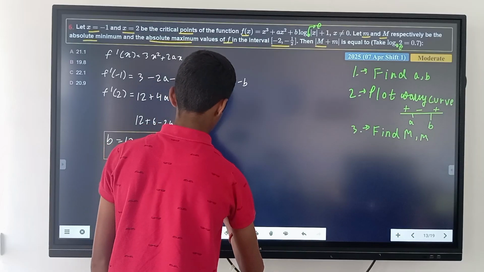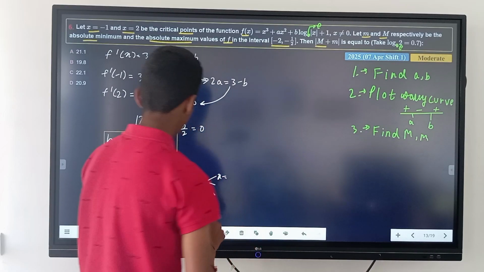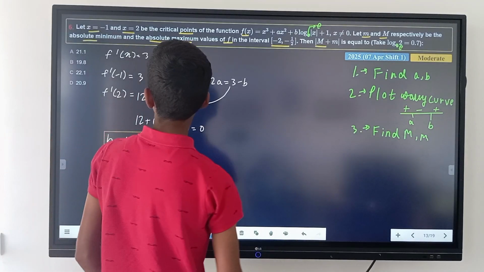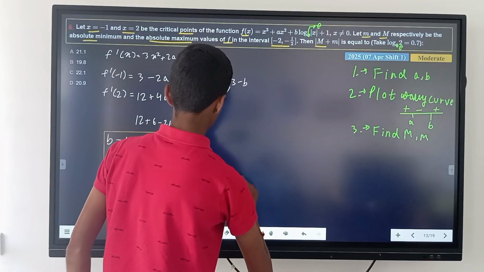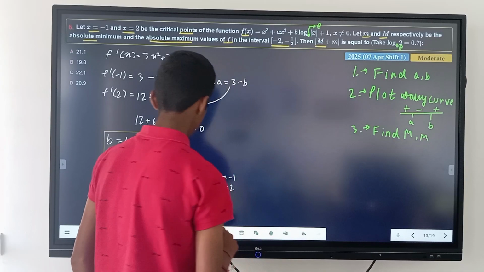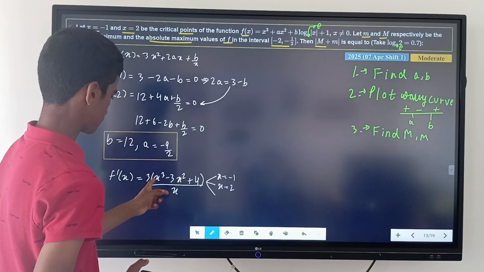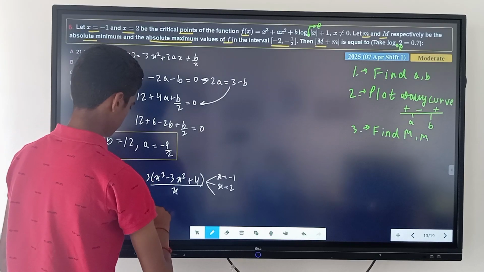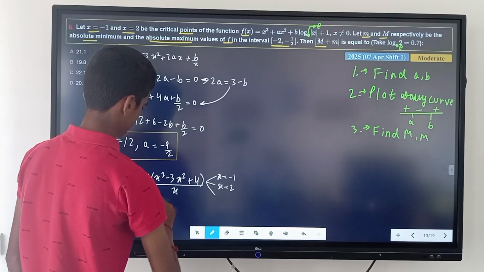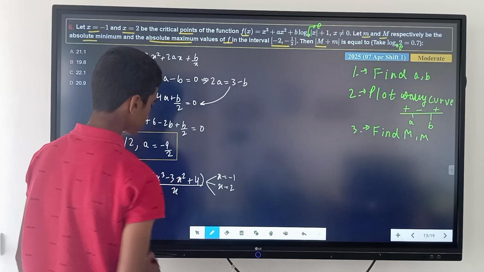Now this equation will have 3 roots. We know the first 2 roots, one is minus one, one is 2 according to the question. So one root is minus one, one root is 2. From here, let me check again. Minus 1, minus 3, yes. And for 2 we have 8 minus 12, yes.